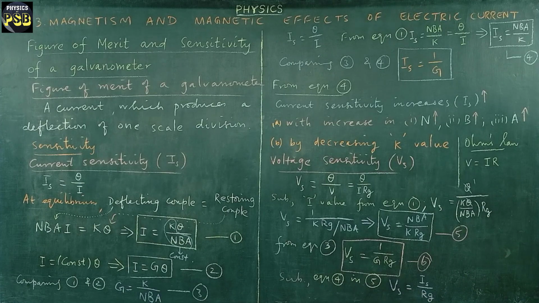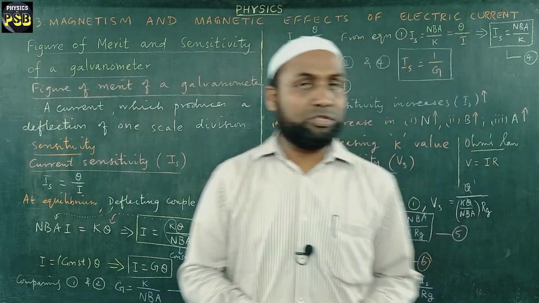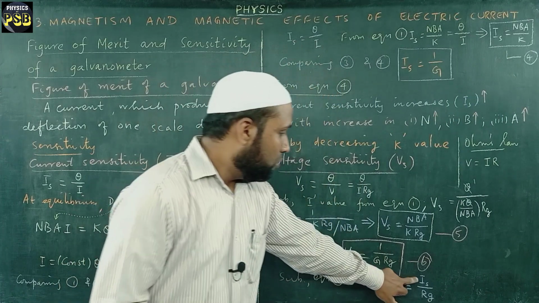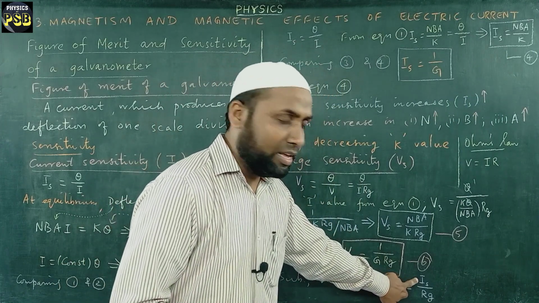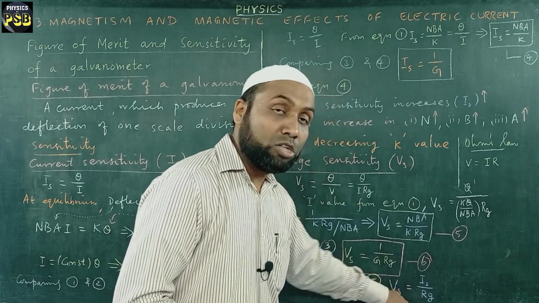So what can you understand from this relation? Now one can say that if you increase the current sensitivity, voltage sensitivity may increase, but in reality, it doesn't happen so. When we increase the current sensitivity, along with that, the value of Rg also increases.